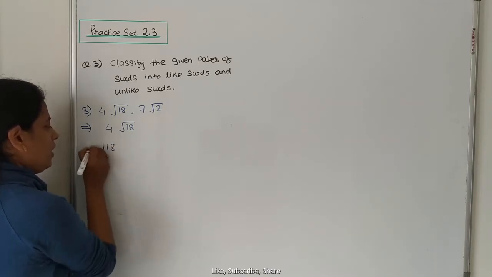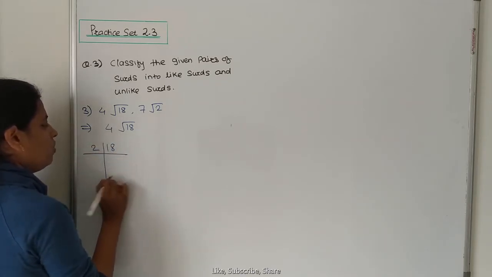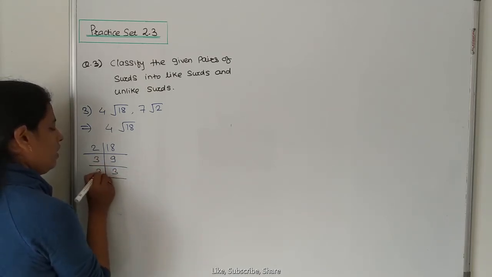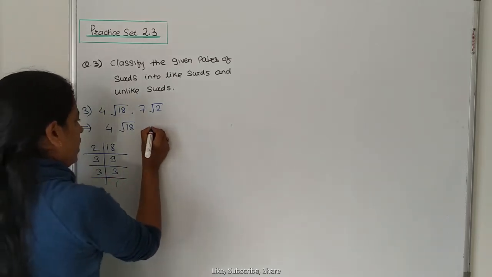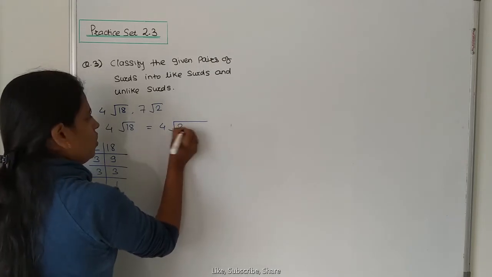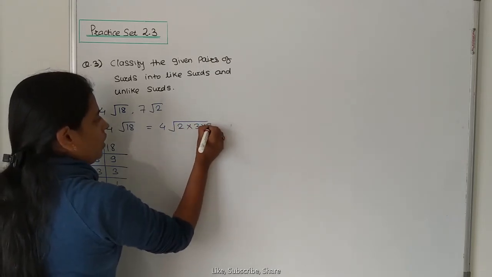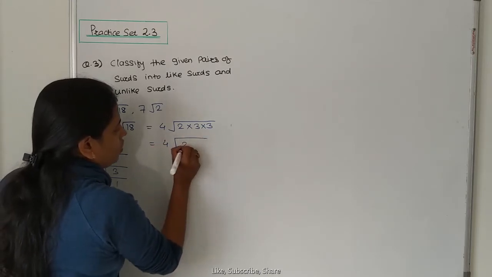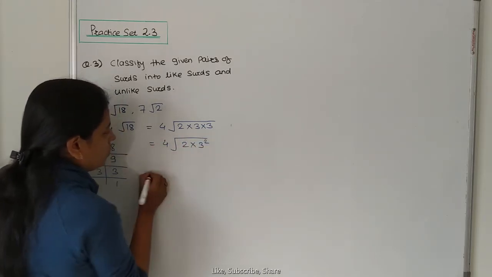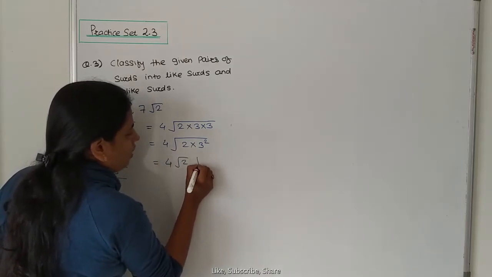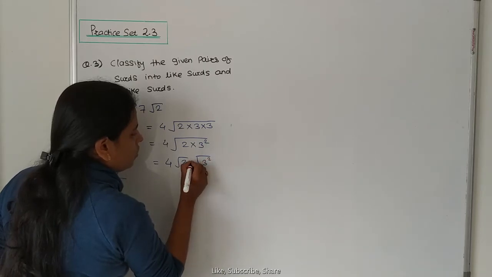So 18 is written as, this is divisible by 2. 2 9s are 18, then this 9 is divisible by 3. 3 3s are 9. Then 3 1s are 3. So we have to write like this. 4 square root of 2 into 3 into 3. Okay? 4 root of 2 into 3 raised to 2.